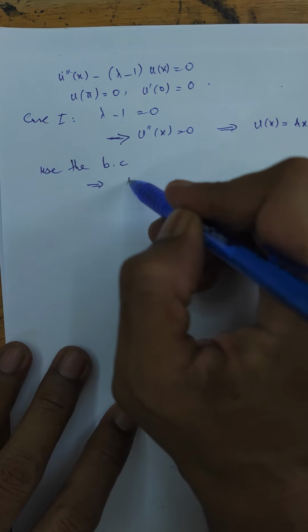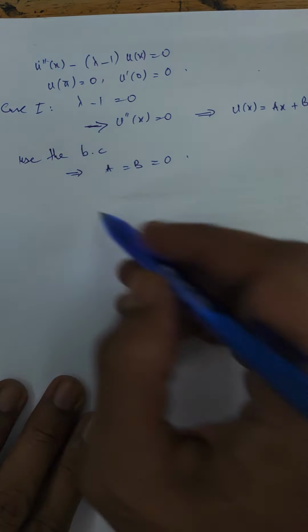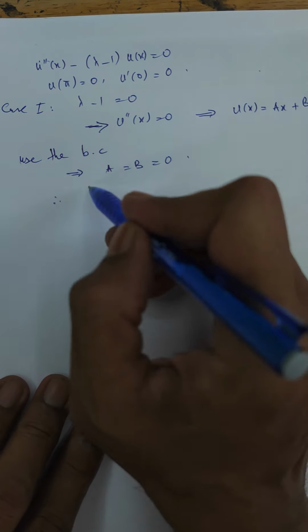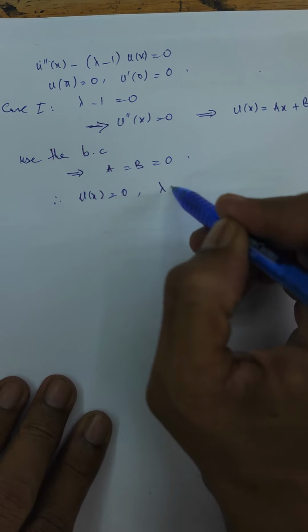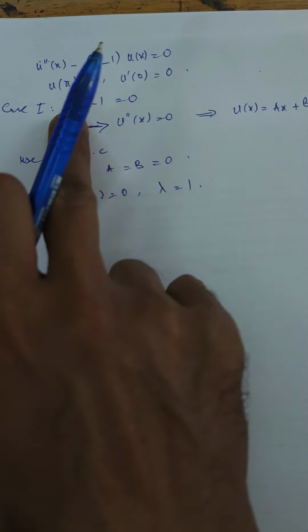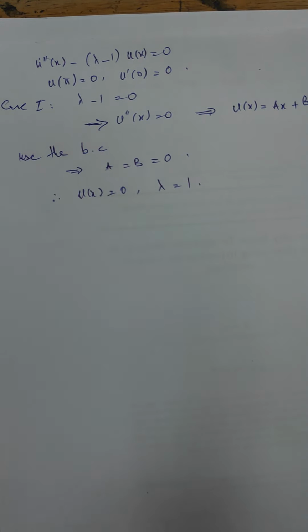We have a equal to b equal to 0. Therefore we just have a trivial solution for lambda equal to 1, because lambda minus 1 equal to 0.